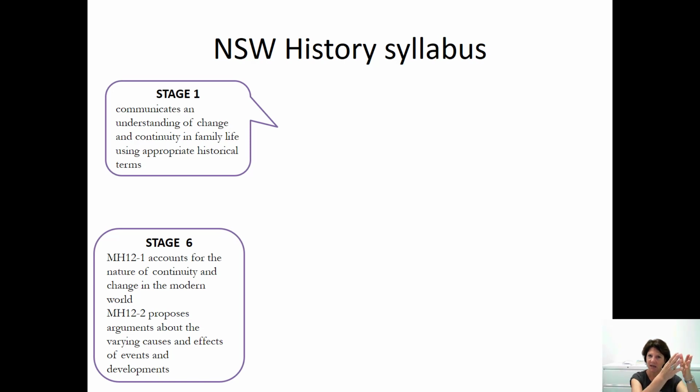So we have the same idea, historical concept of continuity and change that goes all the way through the syllabus, but we ask students to do something different with the thinking and therefore something different with their language at these different stages.